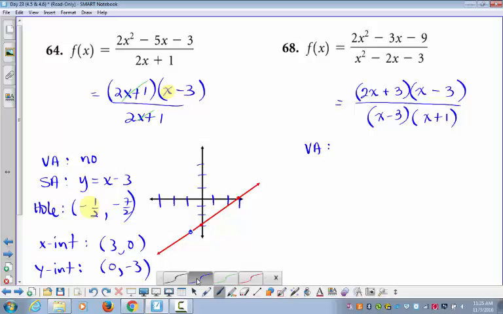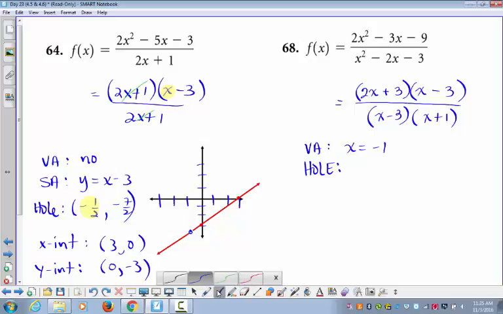How many VAs are you coming up with? How many? 1. Right? Everyone see 1 VA? x equals -1. And how about a hole? A hole is a point.